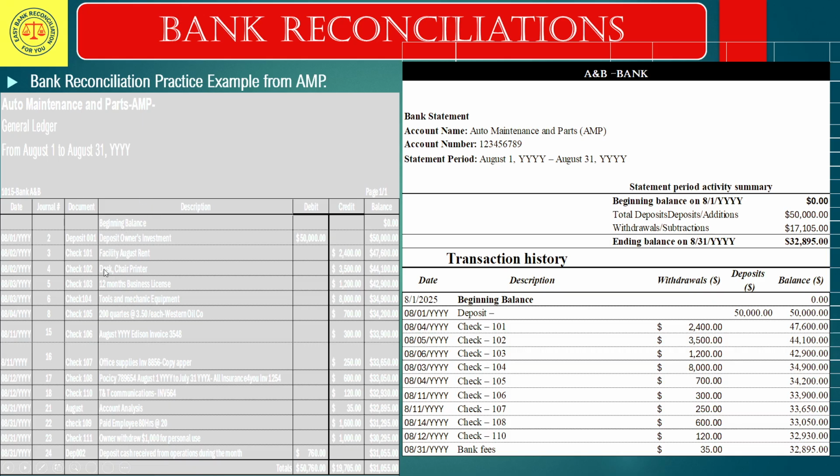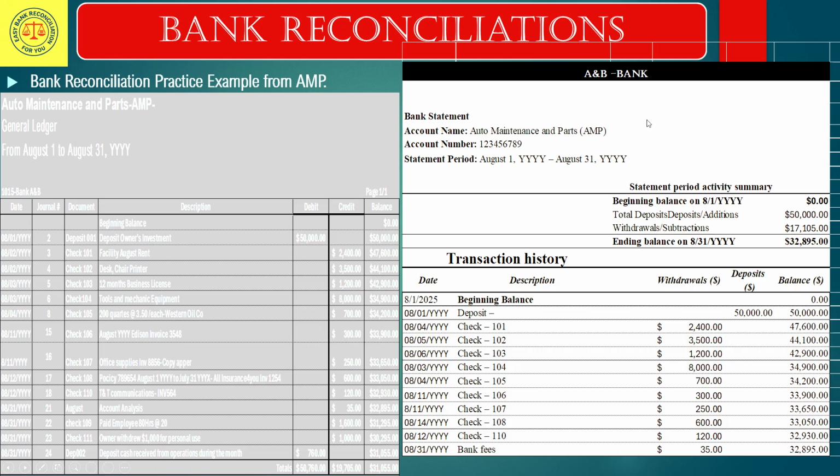You can find this information in the accounting cycle course 1 to 4, in video number 3. If you have a chance and want to go back there, you're going to find it. This is an extraction of that general ledger from our AMP account.